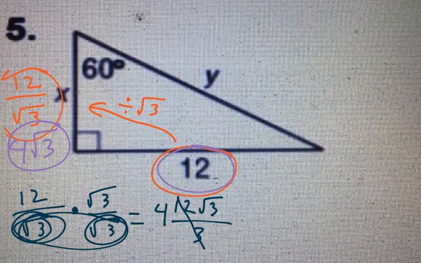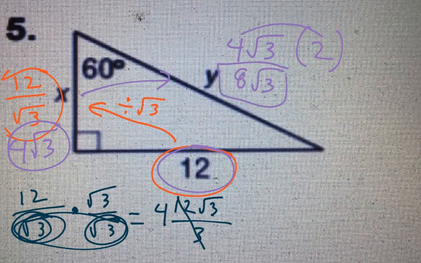The medium side, of course, was 12. How do I get the hypotenuse? I'm going to take 4 square root of 3 times 2, because the hypotenuse is always twice as big. 2 times 4, of course, means this is 8 times the square root of 3, and I'm done. Pause the video if you need to.